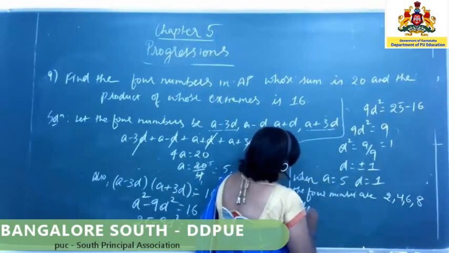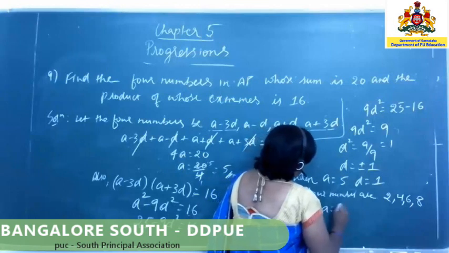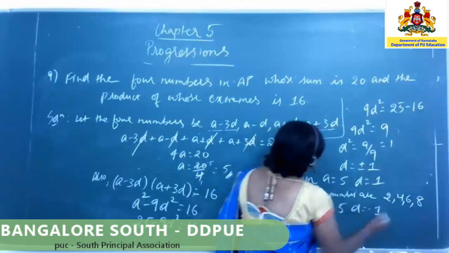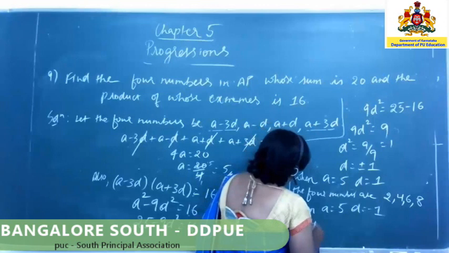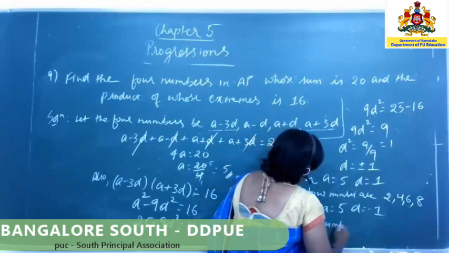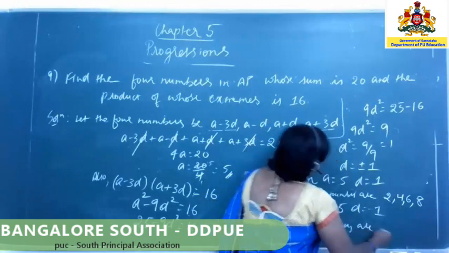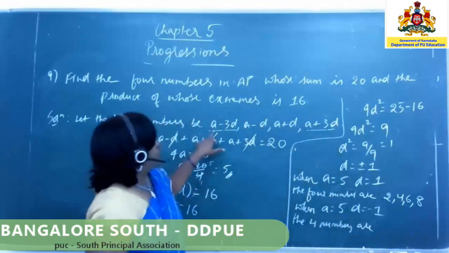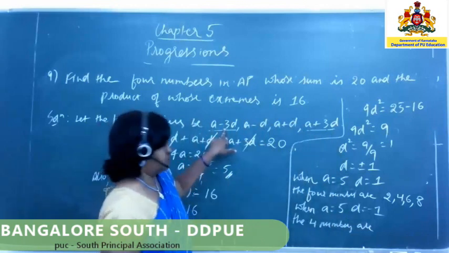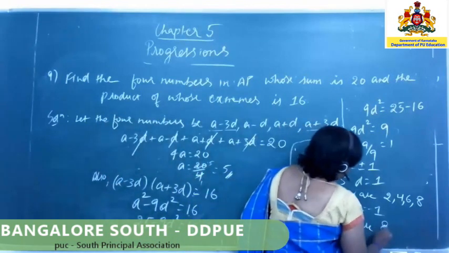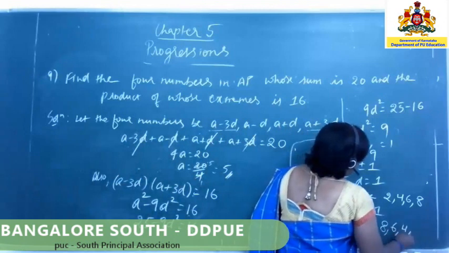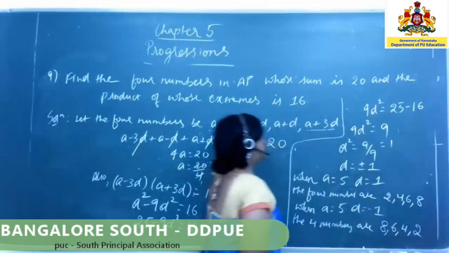So when A is equal to 5, D is equal to minus 1, the 4 numbers are 5 minus of minus, 5 plus 3. So that will be 8, then 6, then 4, then 2.